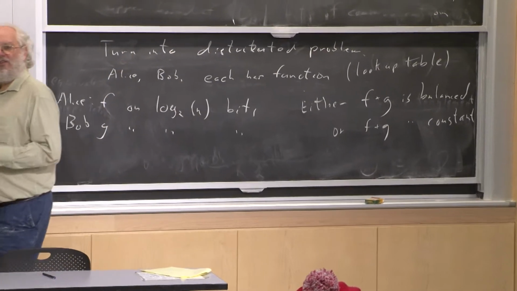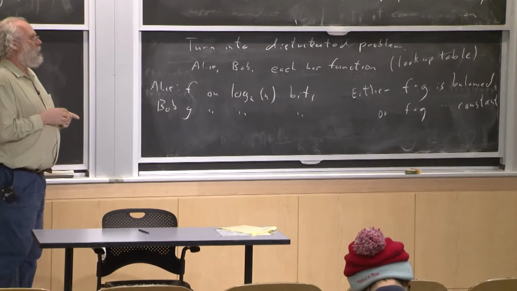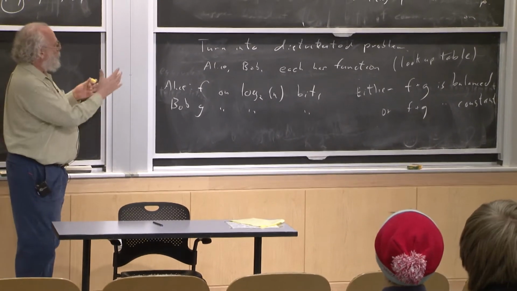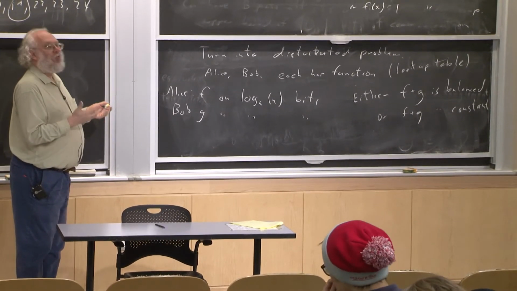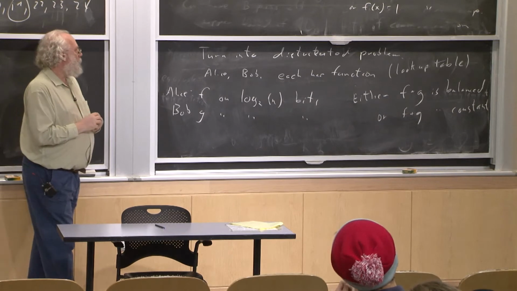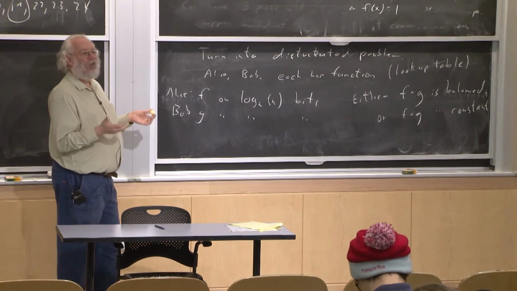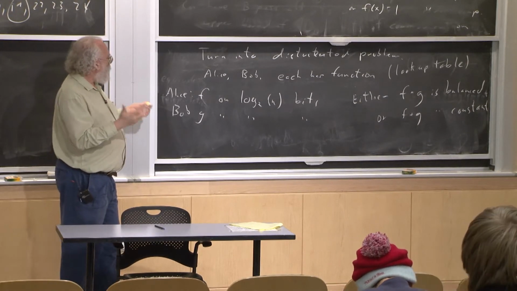And what we're going to show is there's a quantum algorithm that decides with certainty which of these two is the case. And any classical algorithm can only decide probabilistically.